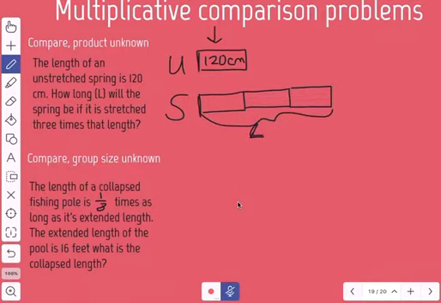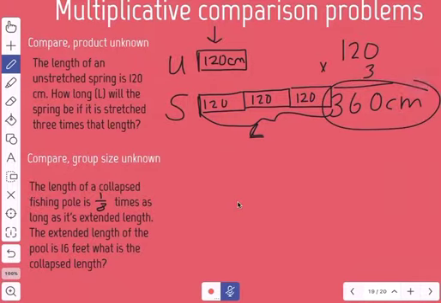So basically, I know that if I do 120 times 3, because this would be 120, this would be 120, and this would be 120, I'll figure out how much the total length is. So my answer would be 360 centimeters long. Okay, so that's an example where I was finding the total or the product of the number of groups and size of groups. Okay, now this next one is a bit different.